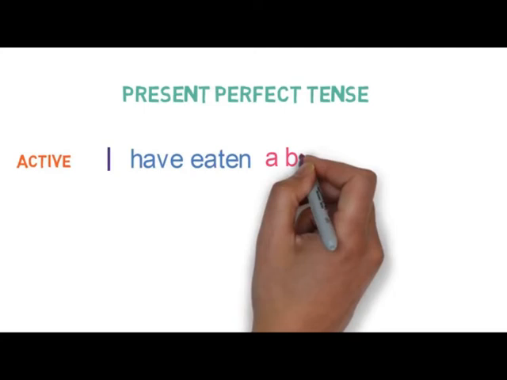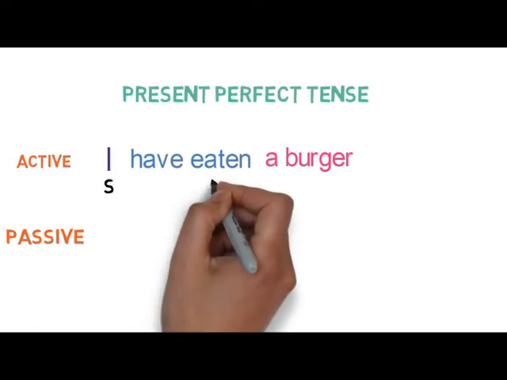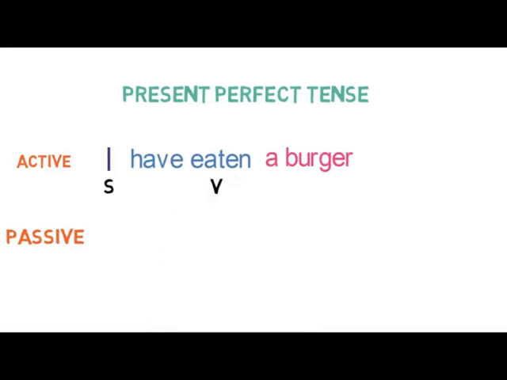Present perfect tense, we also have an example, that is I have eaten a burger. First we have to identify the subject, the verb and the object. The first step: I is the subject, have eaten is the verb, a burger is the object. The second step, we will swap.